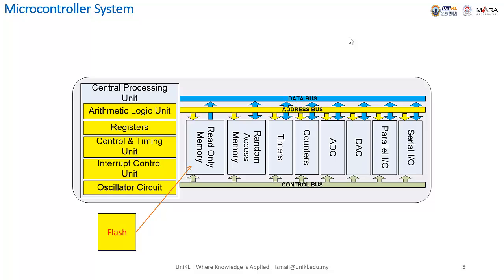We can erase it because on top of the ROM we have a transparent window where we can see the chip inside. We open it and expose it to an ultraviolet source. Normally it takes about 25 minutes to erase all the data inside it, so it takes time.